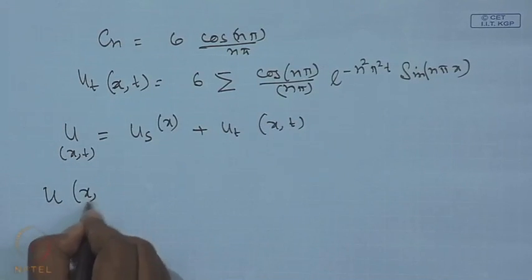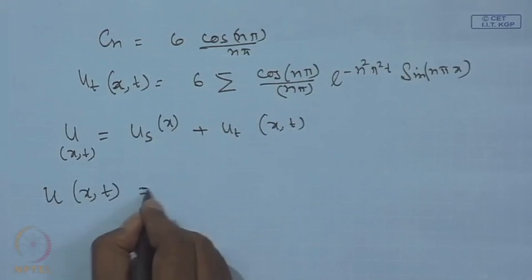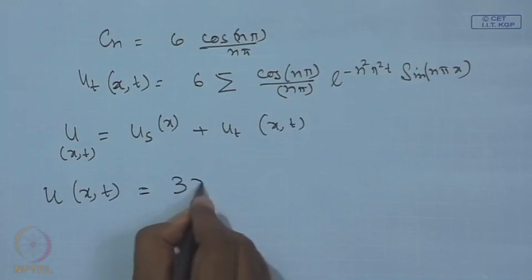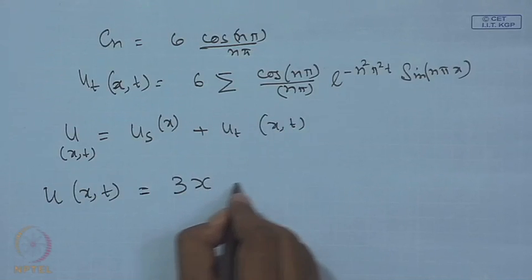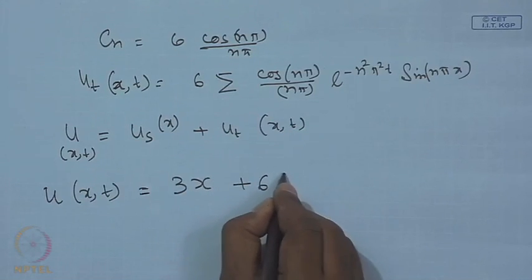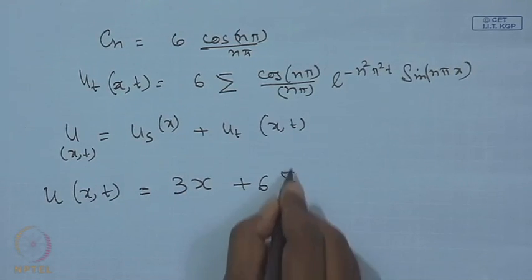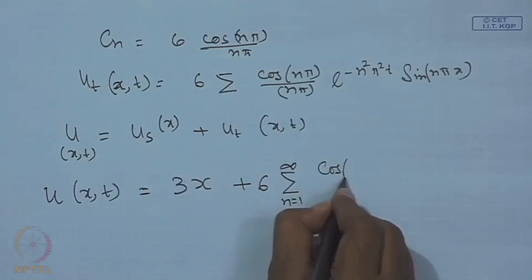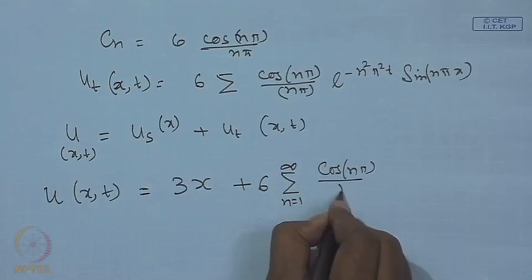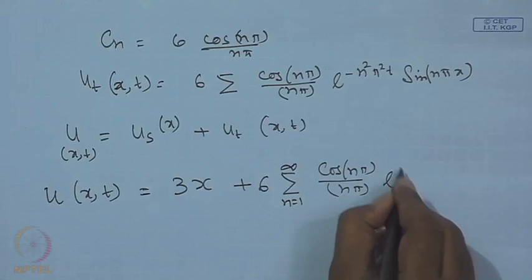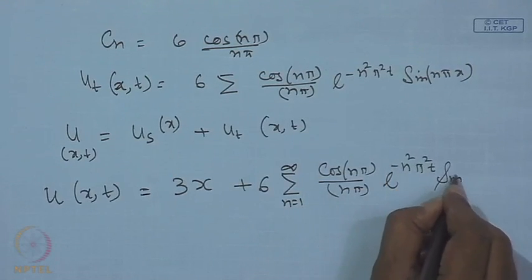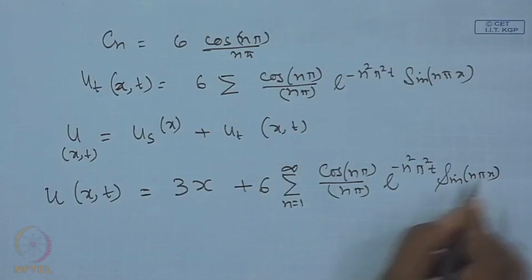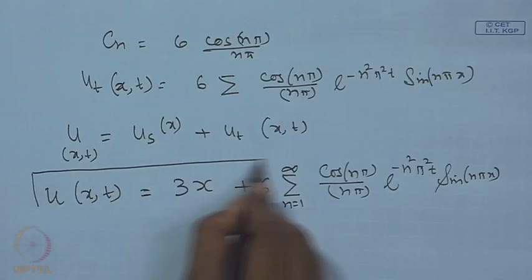So, u as a function of x and t will be obtained as 3x, this is the steady state solution, plus 6 summation n is equal to 1 to infinity cosine n pi divided by n pi e to the power minus n square pi square t sin n pi x.